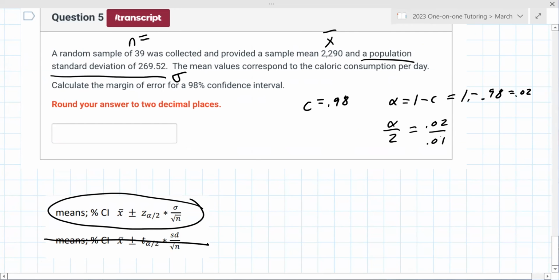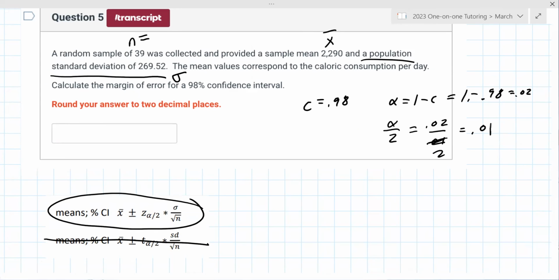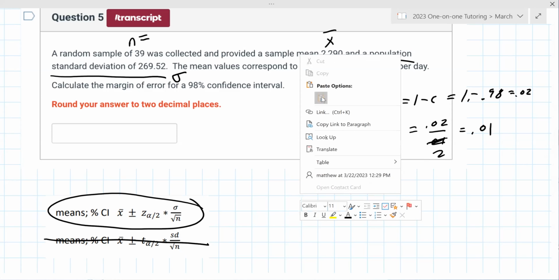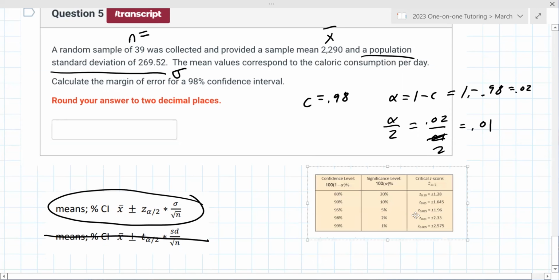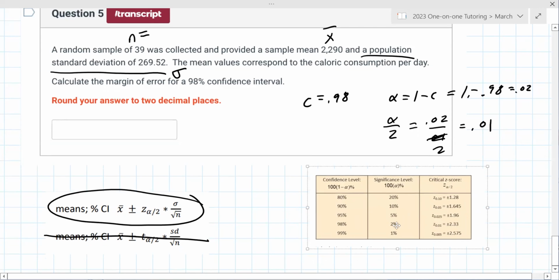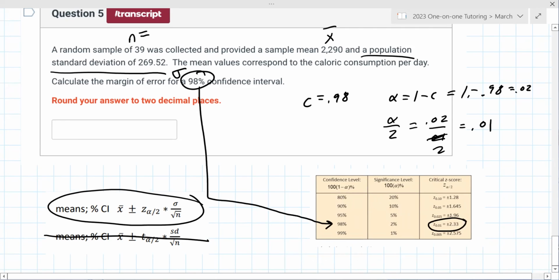That's 0.01. The formula sheet here is going to be your friend. So we could have gone right to the table, and I apologize for maybe making this more confusing. Right there, that's the Z value you want, 2.33.